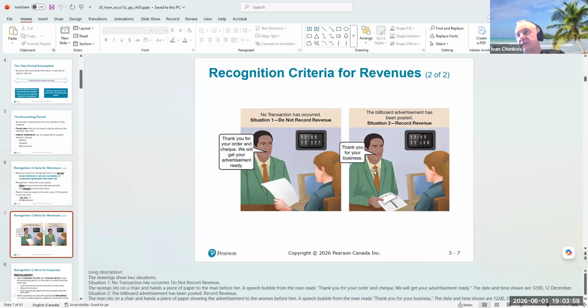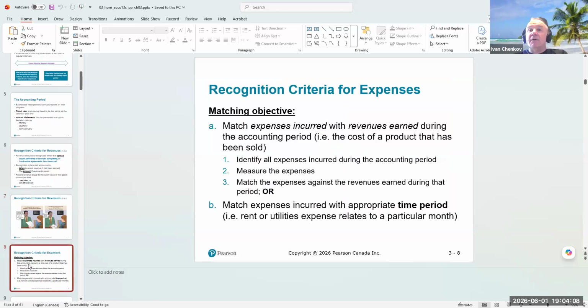Once the advertisement is run and the month is complete, yes, now you can recognize the revenue. So revenue is recognized only when the service is received, the goods are delivered, or the contract is fulfilled, not when the cash is received.